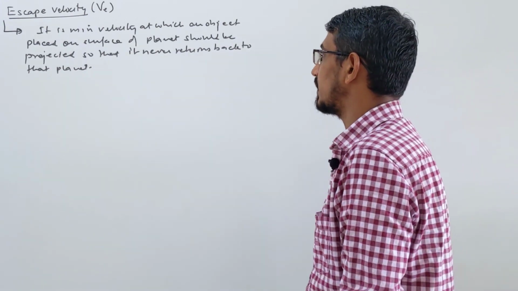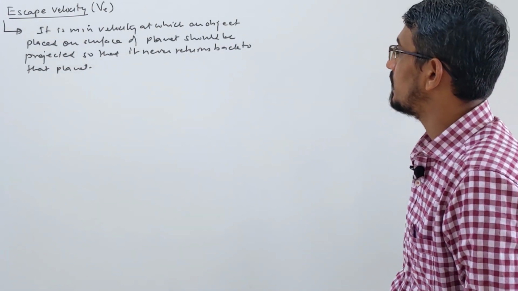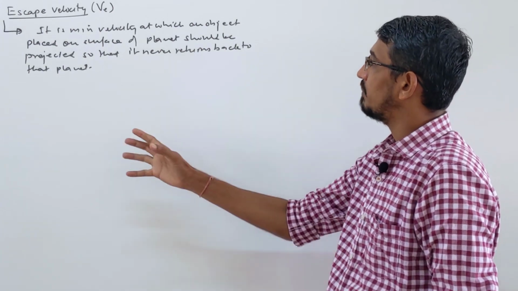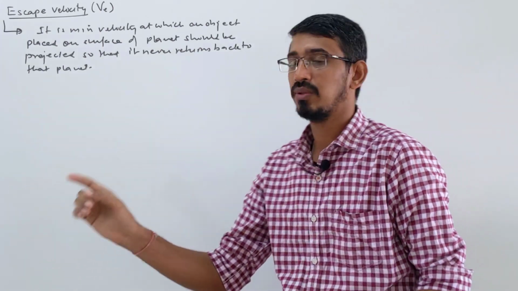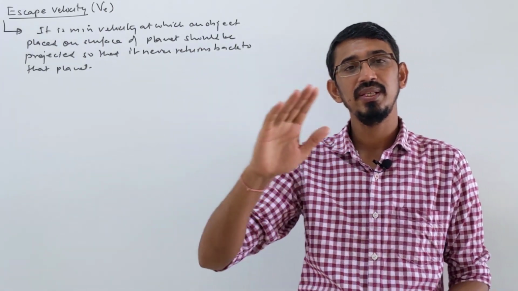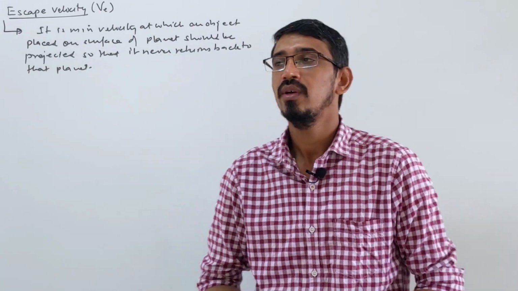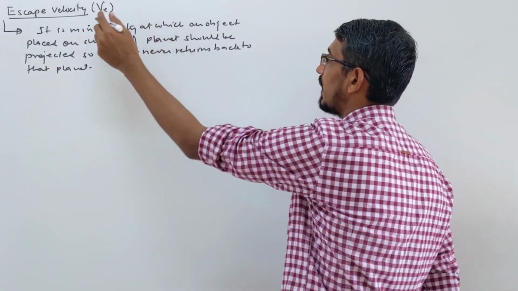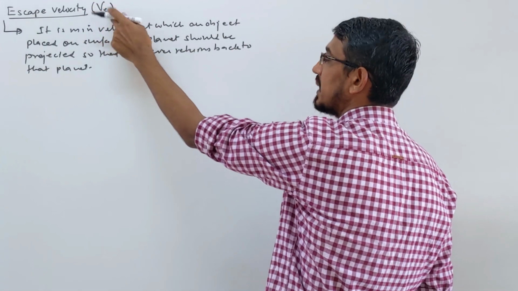So it's the minimum velocity at which an object placed on surface of planet should be projected so that it never returns back to that planet, or it escapes simply the gravitational pull of that planet. We are interested in calculating that velocity, writing VE symbol, velocity escape, right.